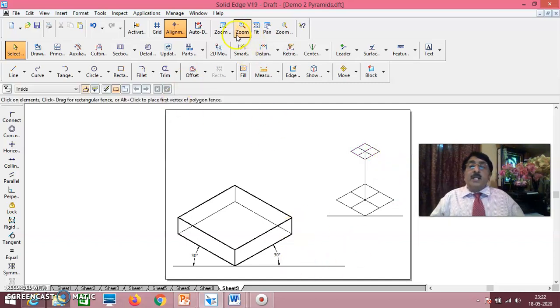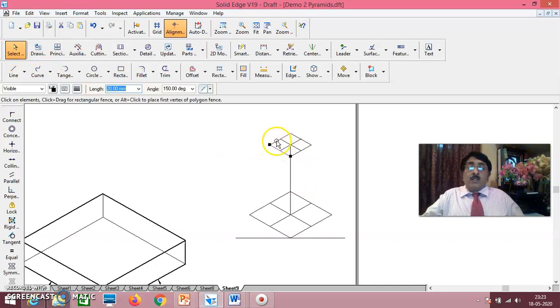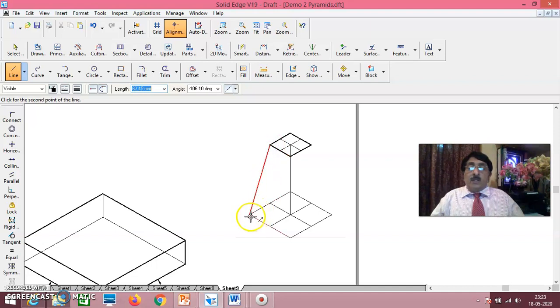Otherwise, we'll enlarge it a bit. Now I'll darken this. Top surface, anyway, it has to be darkened. Now you see here, I'll draw the slant edges.